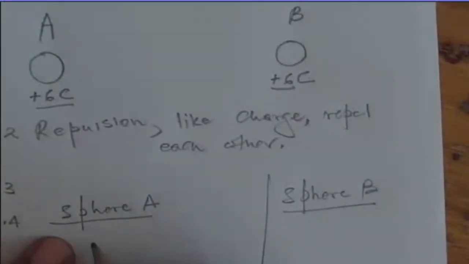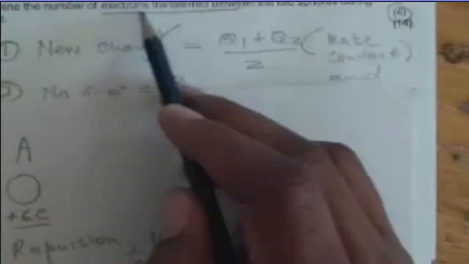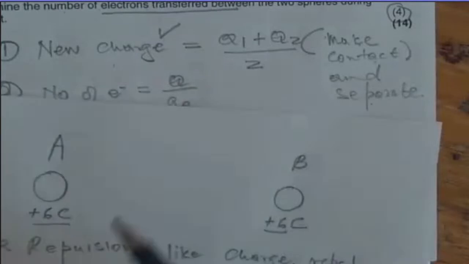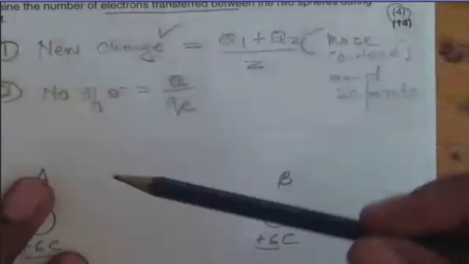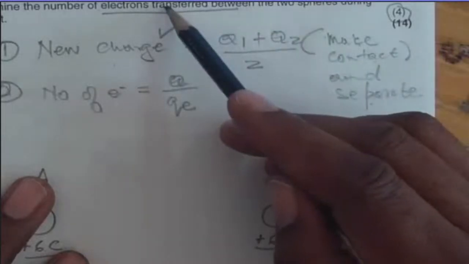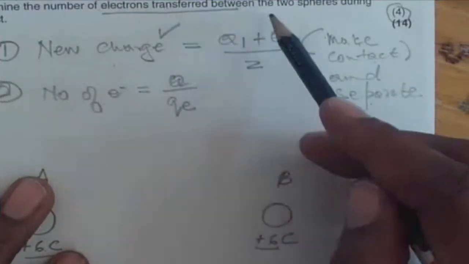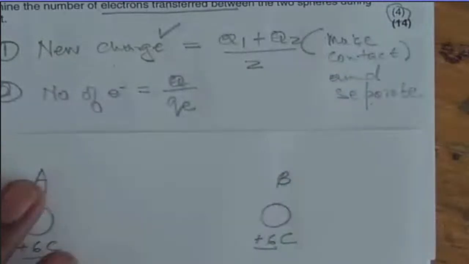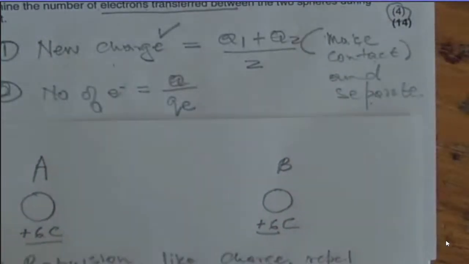So for sphere A, we want to calculate the number of electrons. If we need to calculate the number of electrons, this is the formula. But remember, they were transferred between the two spheres, so there are two options of doing that.